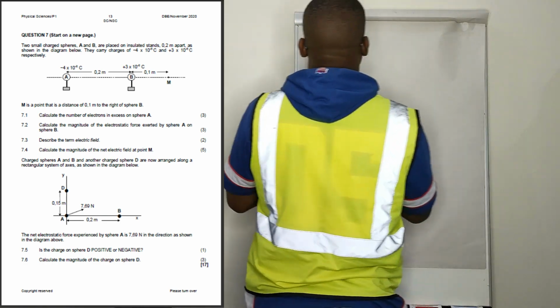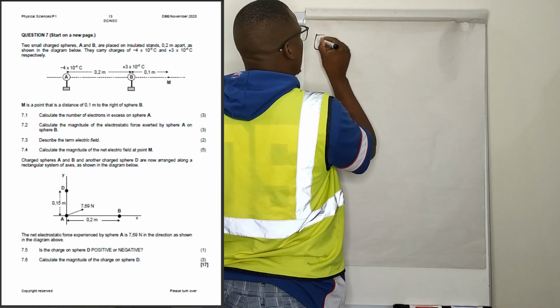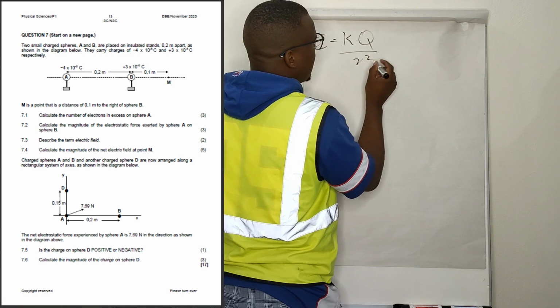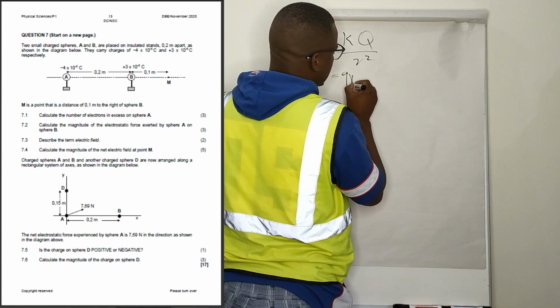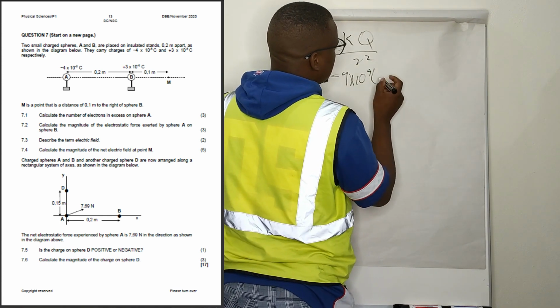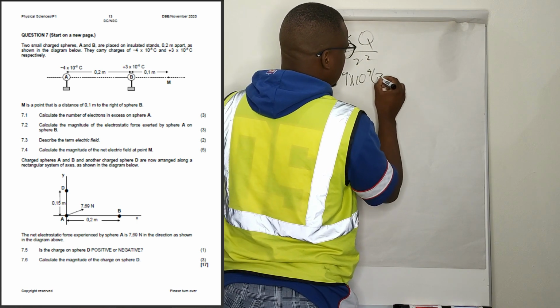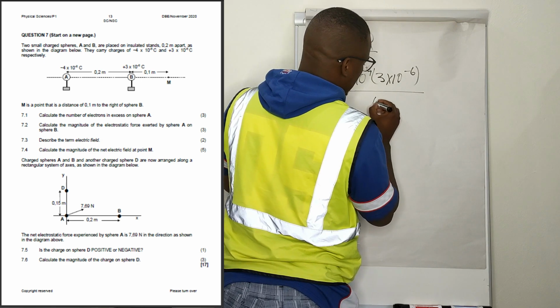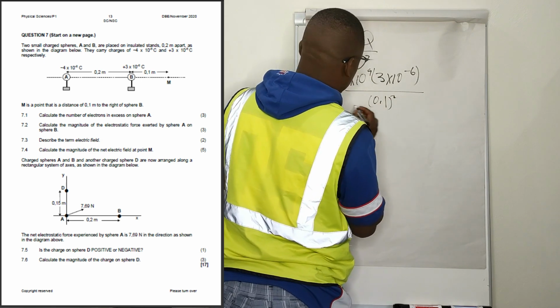Let's say we have E is equal to kQ over R squared. k is 9 times 10 to the power 9 times this, which is 3 times 10 to the power minus 6, divided by 0.1 squared.